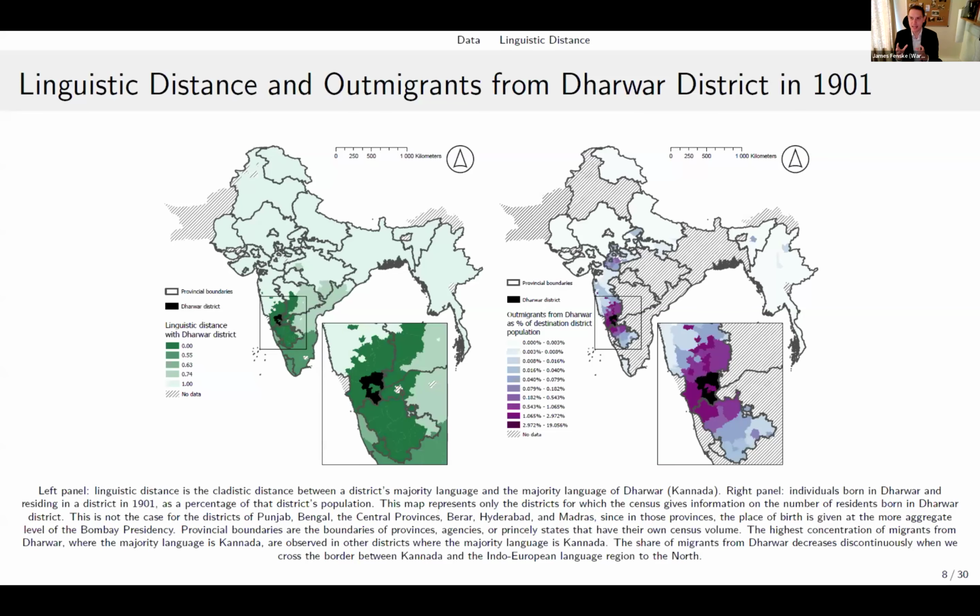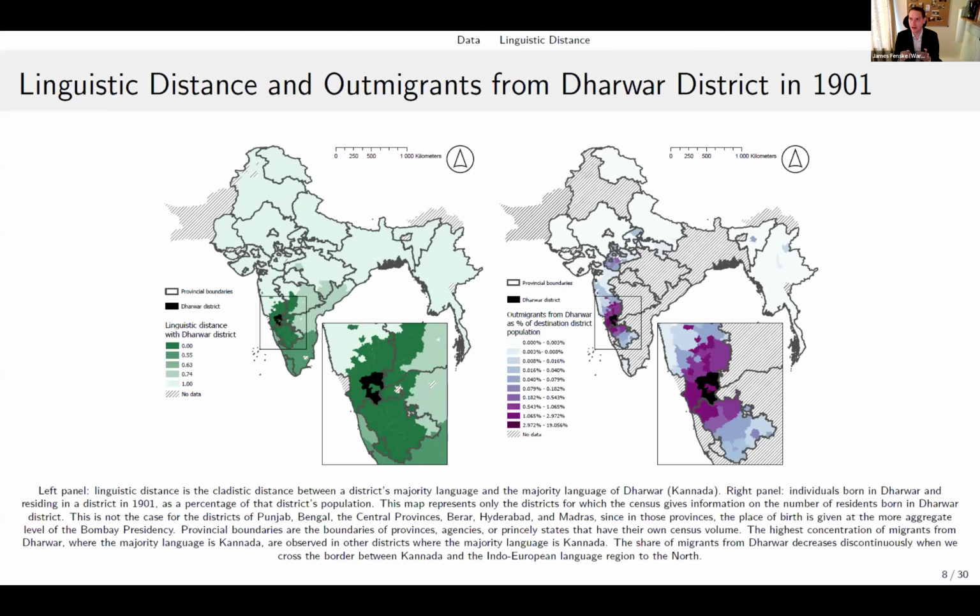I haven't told you yet how we're going to measure migration. But if you look at the picture on the right, you'll see a similar pattern. This is going to be a measure of outmigration from Dharwad and where those migrants go. And if you follow the pattern to the north, you'll find that, again, there's a discontinuity in outmigration from Dharwad.